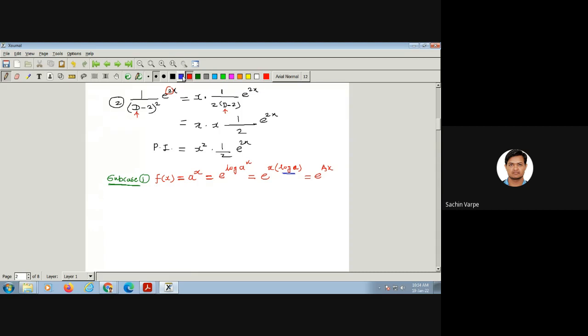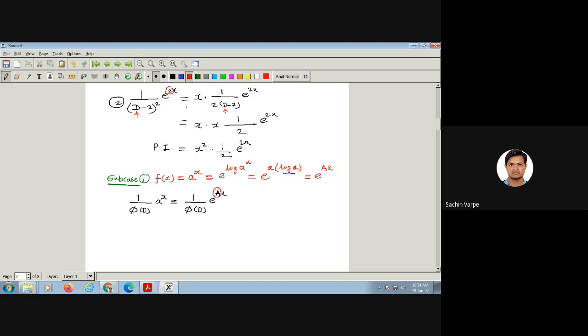So with this, if I want to write the formula of the particular integral, that is 1 upon phi of D a raised to x, then how do I write? I can write this as 1 upon phi of D e to the power Ax, isn't it? And I know the case for the exponential function.